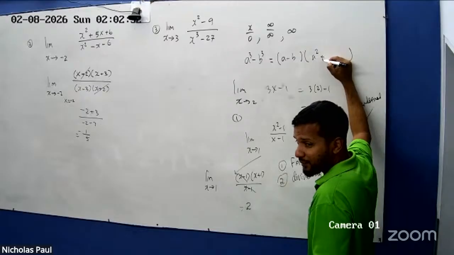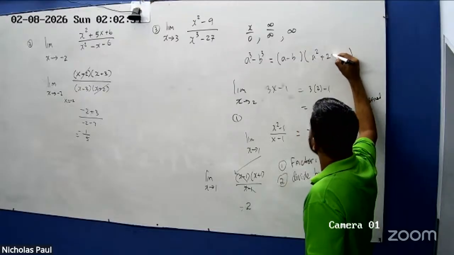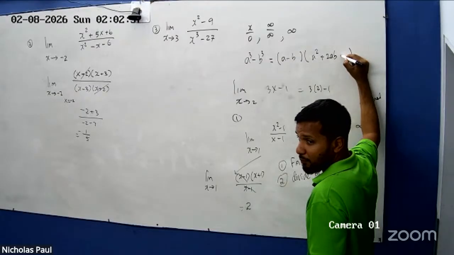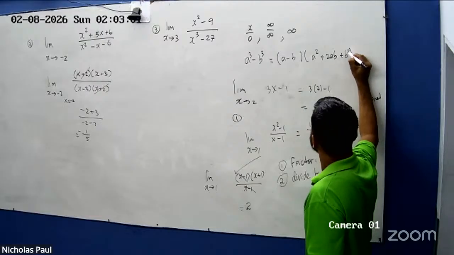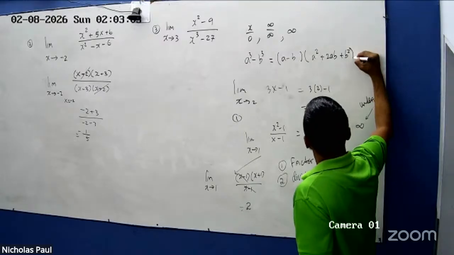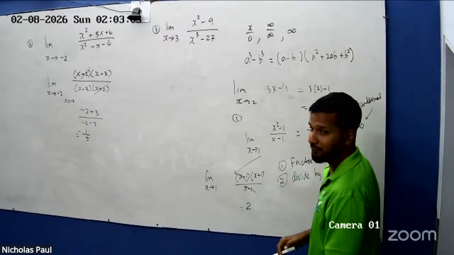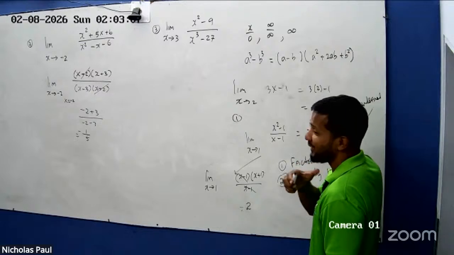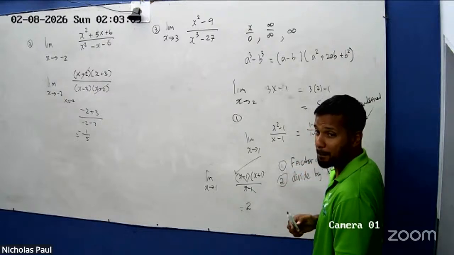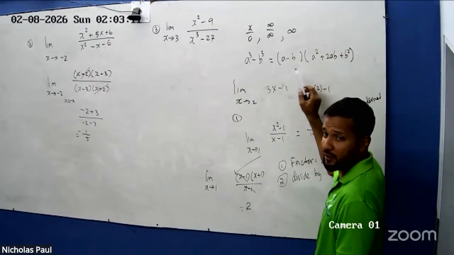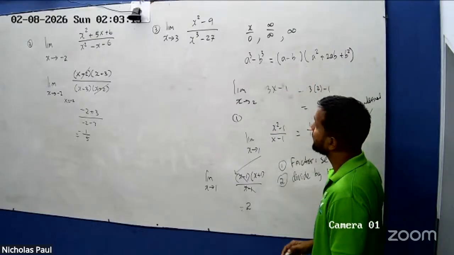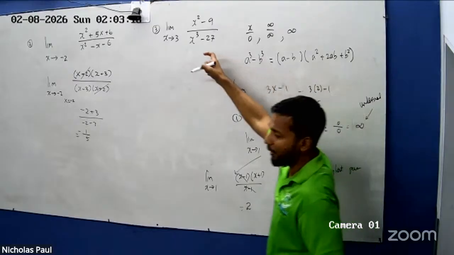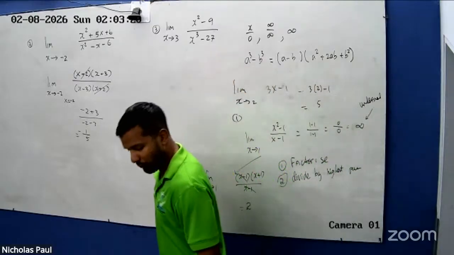Plus 2ab minus... Anybody remember this? When we did the factor theorem. So I just give you this to remind you here, right?